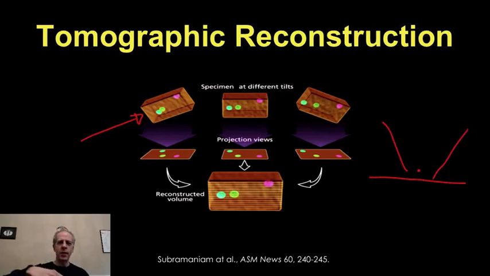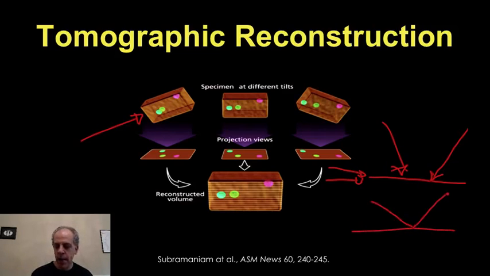Remember, rotating the specimen is like rotating the rays. So I can have rays here, but not rays here, and maybe also not rays there. So we actually don't have the full 180 degrees. Out of the 180 degrees, we might basically miss 30 degrees here and another 30 degrees there. And that's called a missing wedge. So as we're going to see, yet another problem. We actually don't have all the data we wanted to have because of this missing wedge.